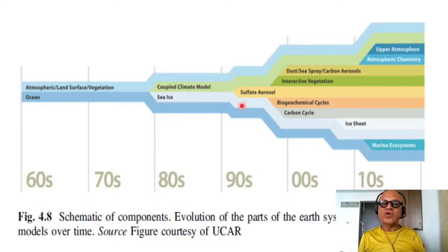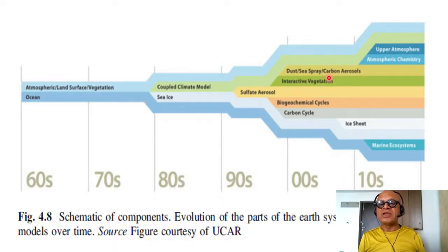In the 90s, the role of aerosols became very well known and considered important, including things like acid rain, for example. So sulfate aerosols appeared first, and you can see then interactive vegetation coming along, so-called dynamic vegetation, which responds to temperature change, precipitation change, vapor pressure deficit change, and so on.